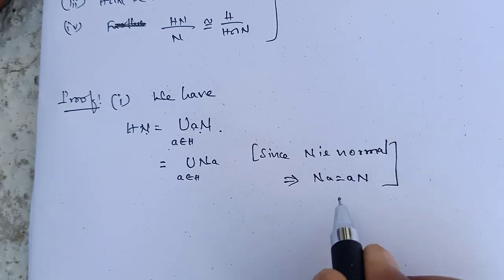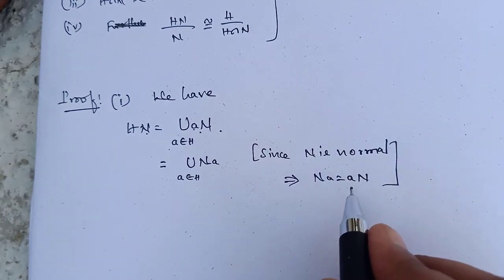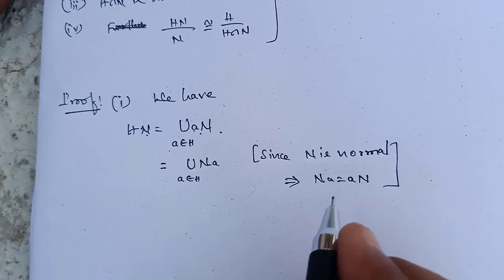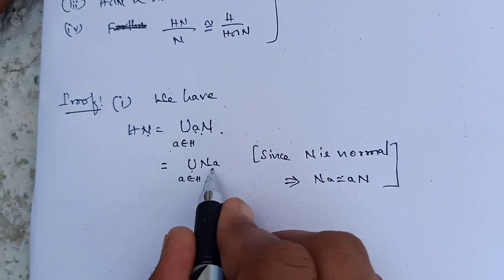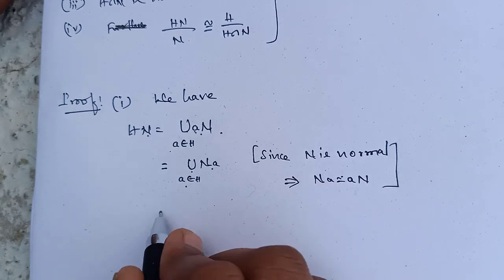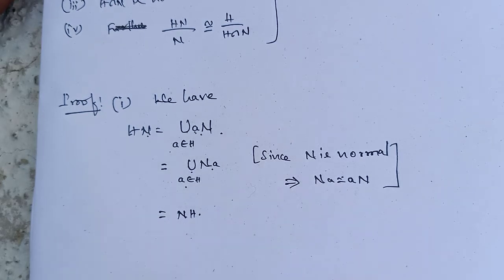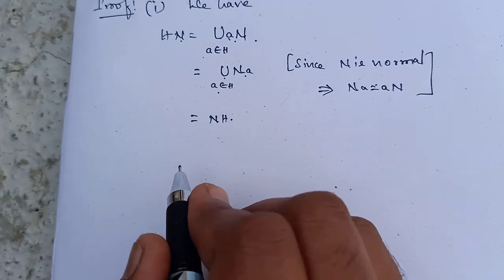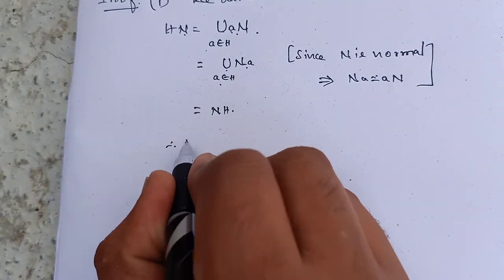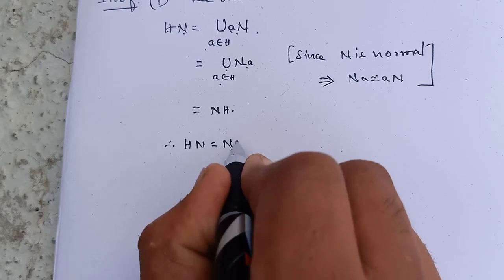We have a theorem: N is normal if and only if every left coset is a right coset of N in G. So from that we can write the union of aN as union of Na where a belongs to H, which is nothing but NH. So we proved that HN is equal to NH.